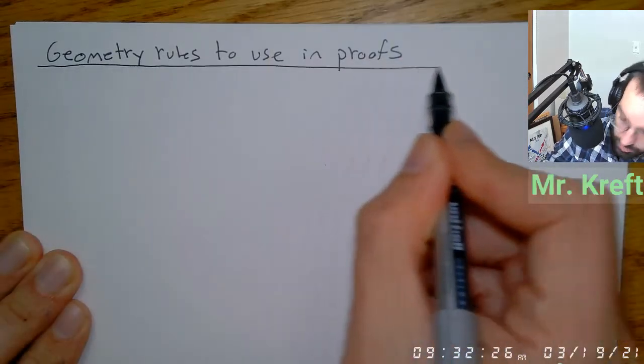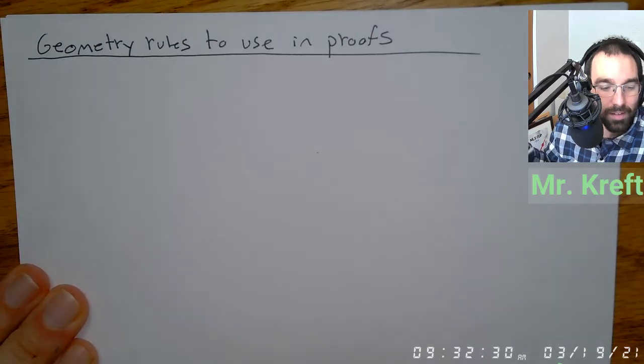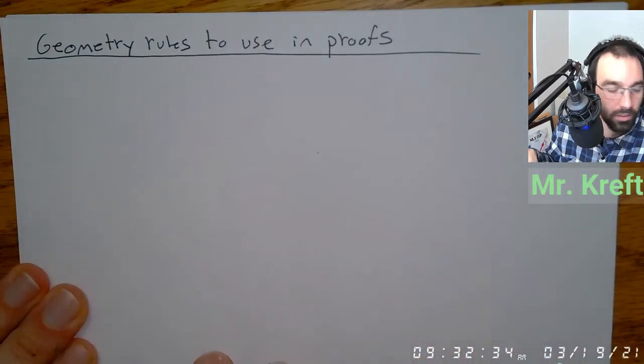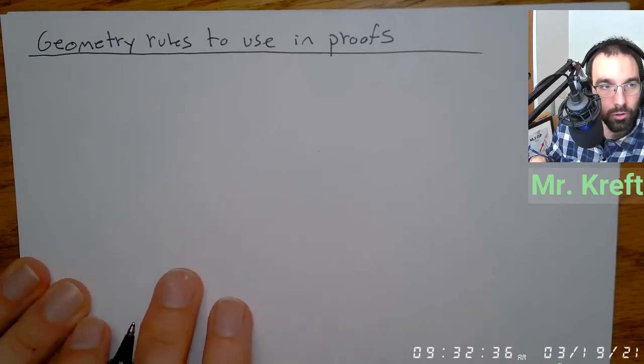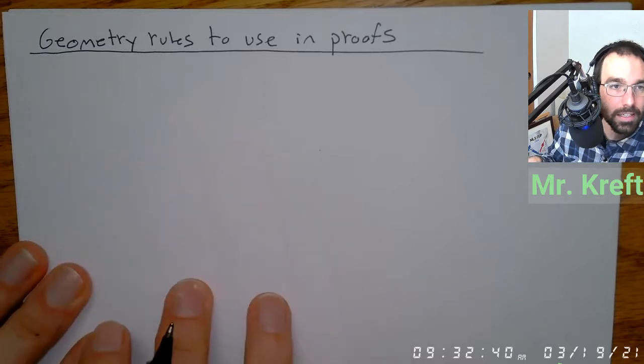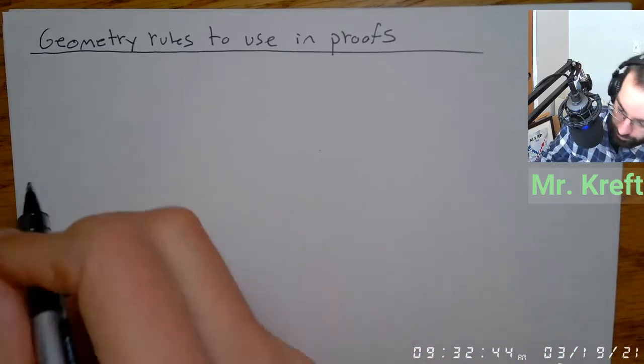Now, just as another disclaimer, the triangle sum and the third angle, we already wrote those down, so I'm not going to include them here. Does that make sense? So they're already earlier in the notes, so I'm not going to write them down twice. Okay, so I'm going to write down each geometry rule that we've learned and then give a quick little example.